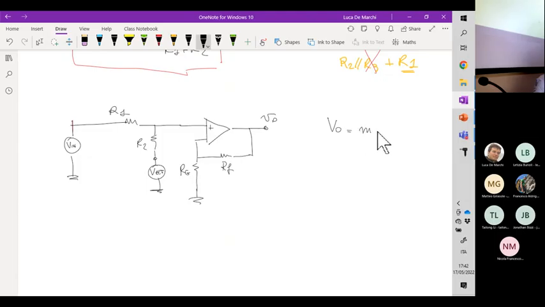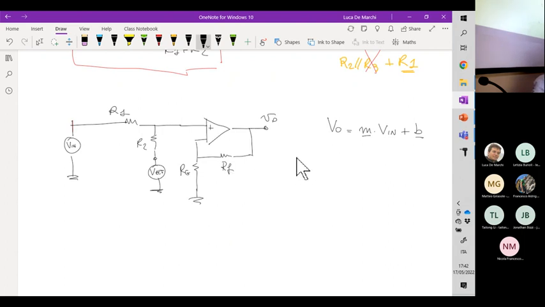V out is M times the input voltage plus a given quantity B. M and B are specific values which should be tuned to achieve the matching of the dynamic range of the sensor with the A to D converter.